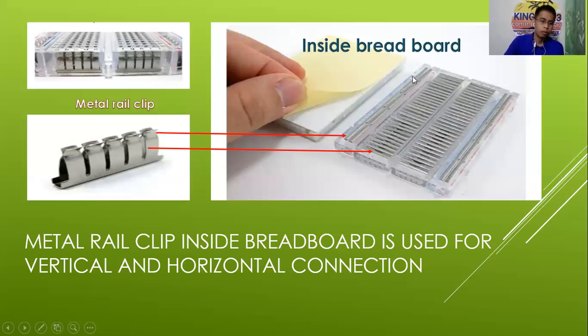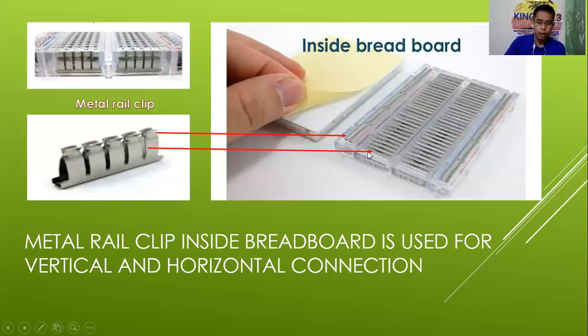So one of those horizontal rails is for the positive and negative. Some breadboards have an indicator of positive color red and negative color black or blue. But in some cases, there are no indicators. So it is up to you how you are going to utilize the breadboard, or which rail you are going to use as the positive or the negative.